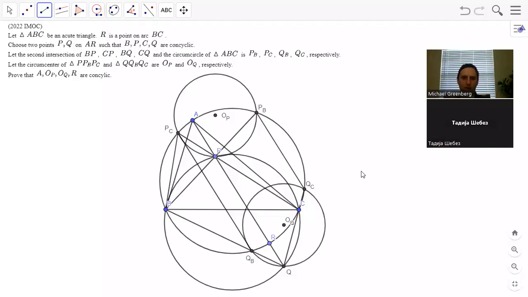So now I think, since we want to show that AOPOQR is also an isosceles trapezoid, I mean, we just noticed that OPOQ is parallel to AR, but we want to show that it is isosceles to show that it is concyclic.